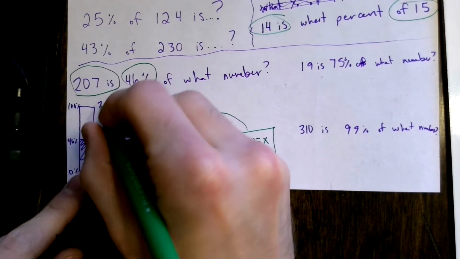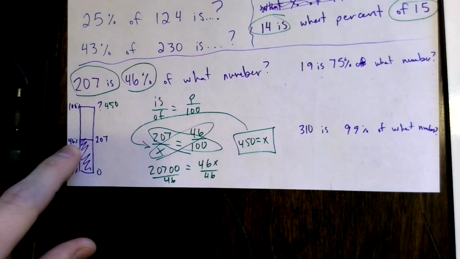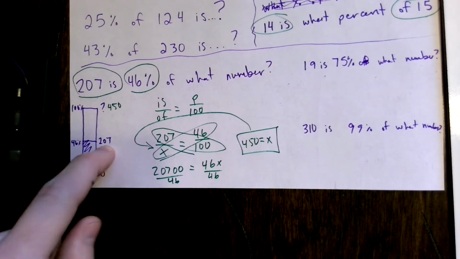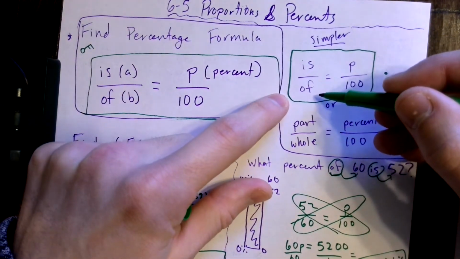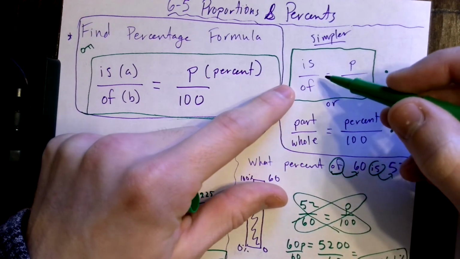If I plug that in here, that would mean 450 goes up on top. Look how I set this one up. They told us our percent, 46%, and they told us that 46% was 207, but they didn't tell us our total. Again, when we're talking about is and of, we're talking about the part versus the whole. Our bottom line number is the entire thing.